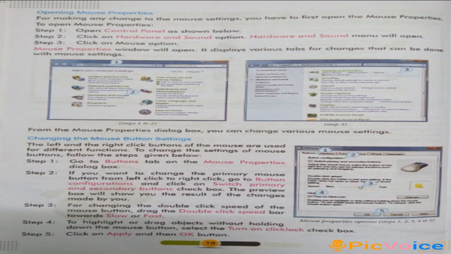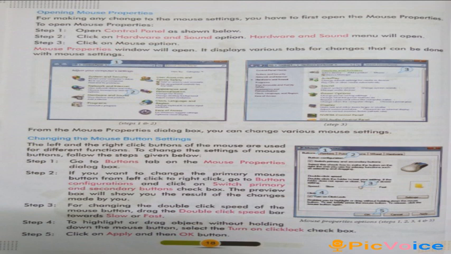Changing the mouse button settings. The left and the right click buttons of the mouse are used for different functions. To change the settings of mouse buttons, follow the steps given below. Step 1. Go to Buttons tab on the mouse properties dialog box. Step 2.